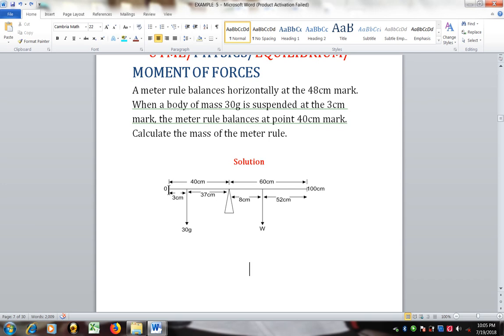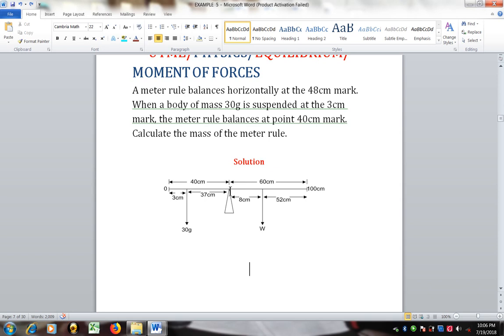From this end to the fulcrum is 40, and from this end to the point of suspension of the mass is 3 centimeter. We just take 3 away from 40, so the perpendicular distance between this mass and the fulcrum is 37 centimeter.